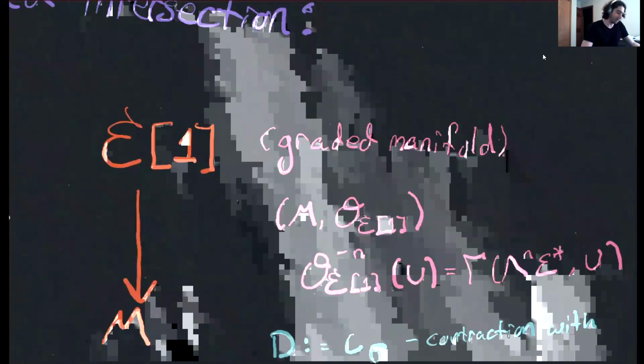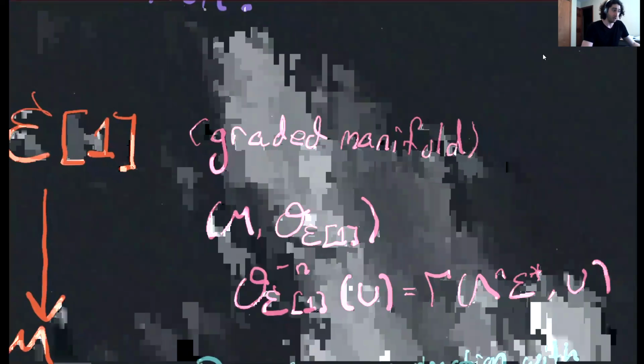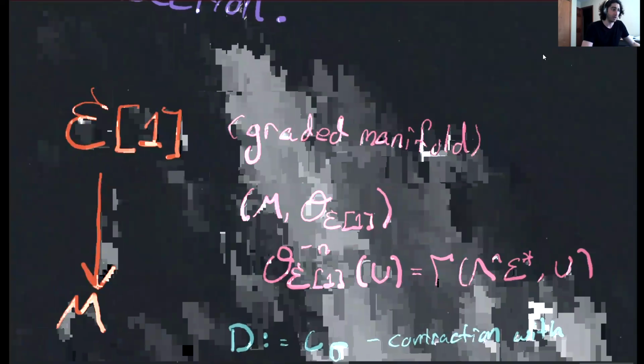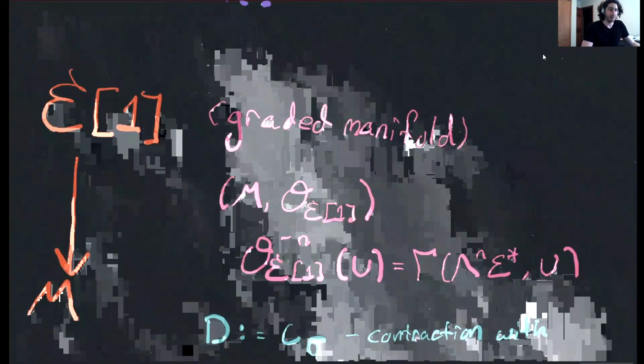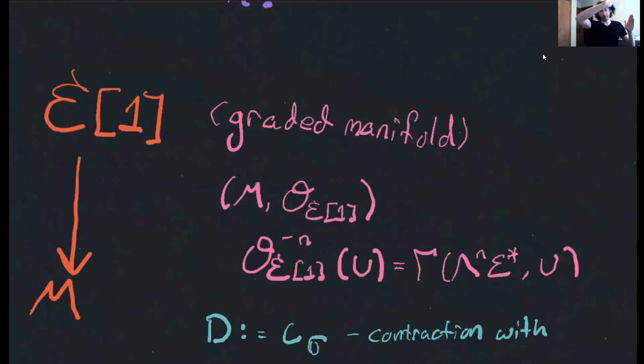What this amounts to as a graded manifold is you have the same manifold as before as your base, but you have a structure sheaf now, which in degree minus n is sections of the nth exterior power of the dual of the vector bundle. This is literally just taking the fiber and shifting it. If you have a graded vector space, there's a way of making a graded manifold out of it, just the way that if you have a vector space, there's a way of making a manifold out of it.